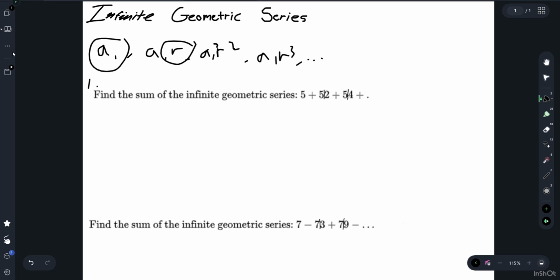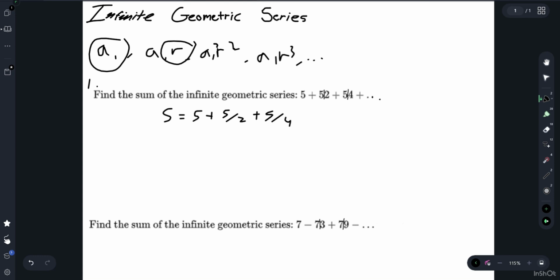Find the sum of the infinite geometric series 5 plus 5 over 2 plus 5 over 4, and this goes on forever. Let's write this out. Let's make the sum equal to S. So S is equal to 5 plus 5 over 2 plus 5 over 4.